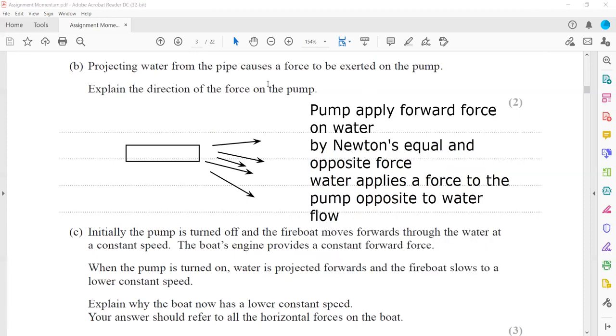Is it clear? The discussion is that as the water is coming out, the pump is pushing the water out, and as a result, the water particles will apply an equal and opposite force.